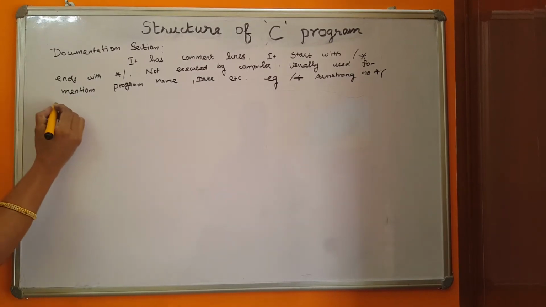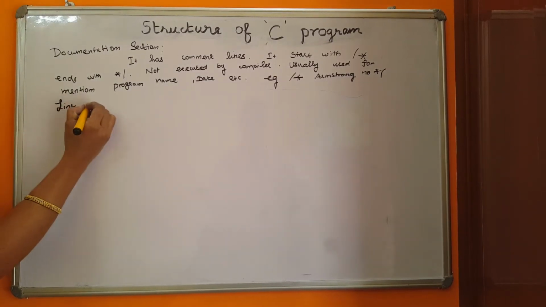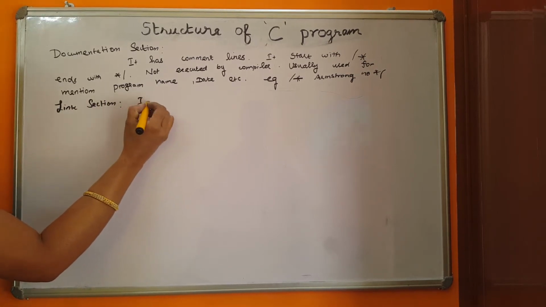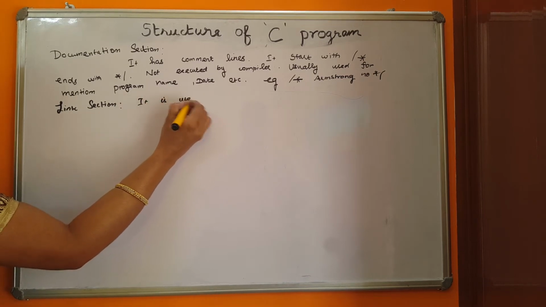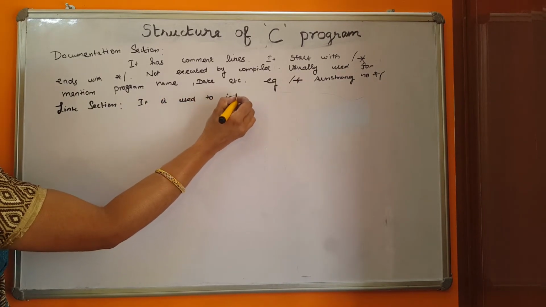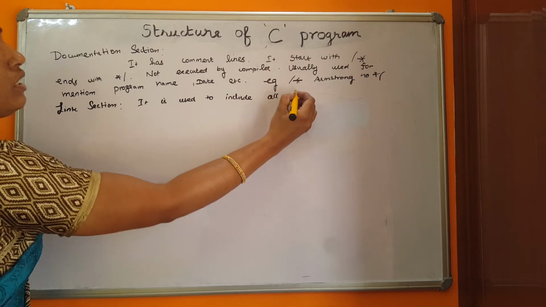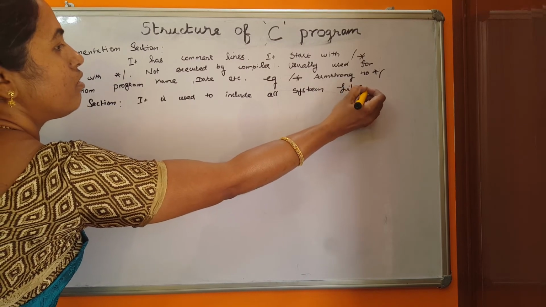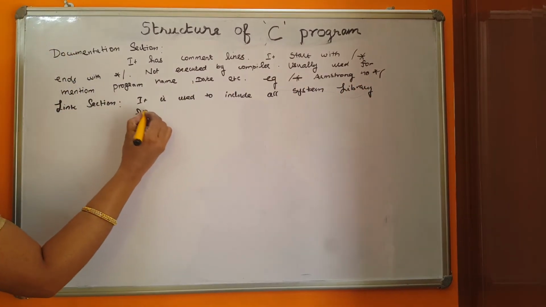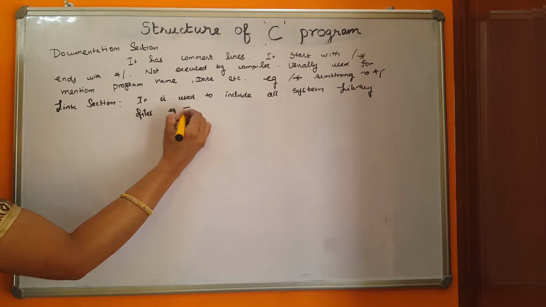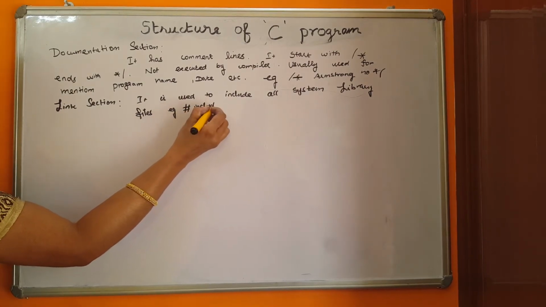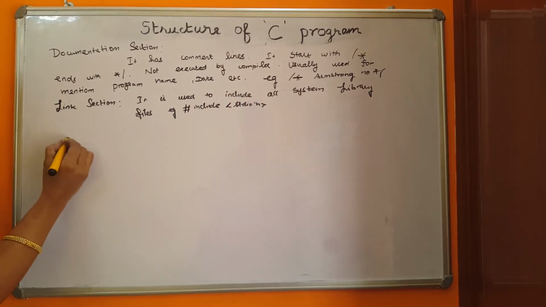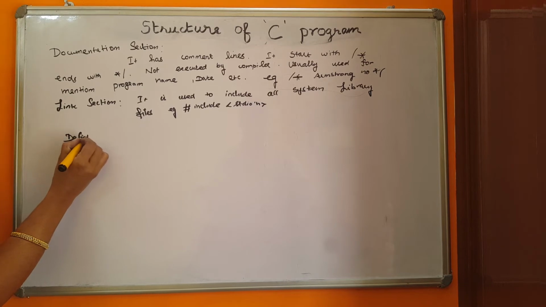The next section is link section. It is used to include all system library files. Example, hash include stdio.h. The next section is definition section.